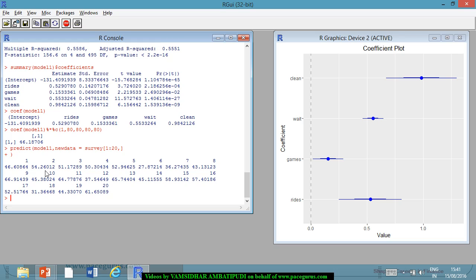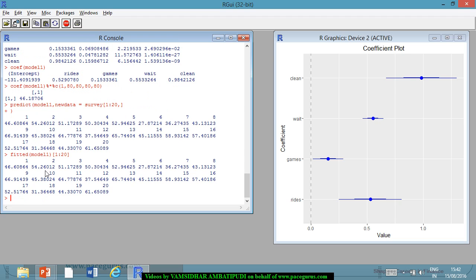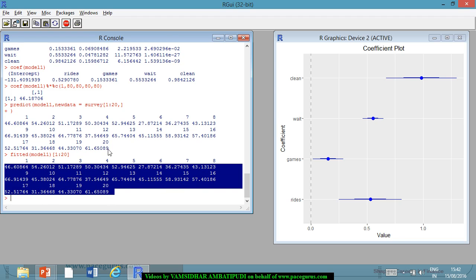The same way I can use either the predict or I can even get the fitted. Fitted is I am getting my fitted values altogether. So I'll get the fitted values of the model 1. I can get 1 to 20 even for them. I should get the same result. Right, even here these are the fitted values based on our model.